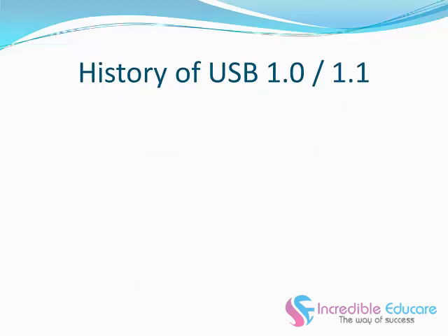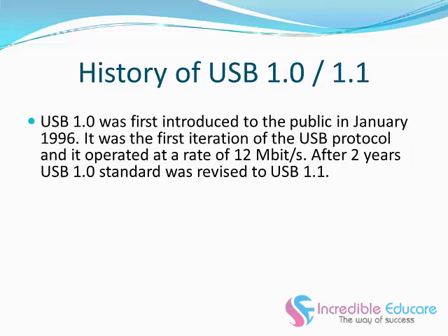History of USB 1.0 and 1.1. USB 1.0 was first introduced to the public in January 1996. It was the first iteration of the USB protocol and it operated at the rate of 12 megabits per second.